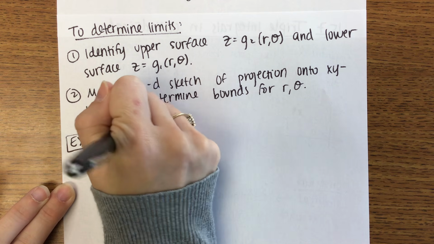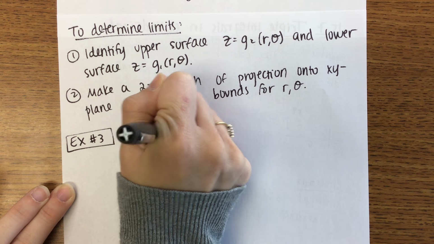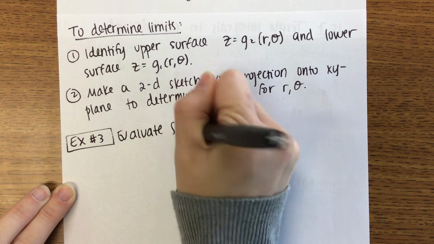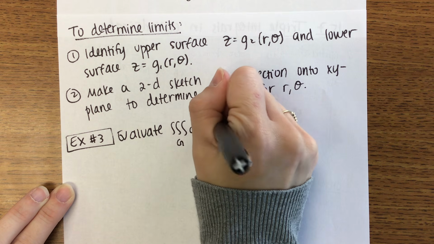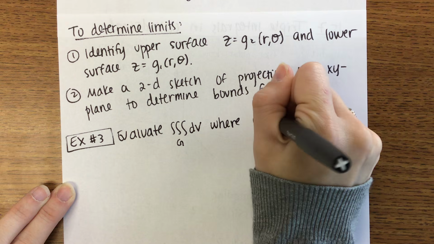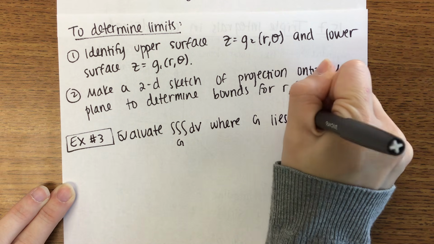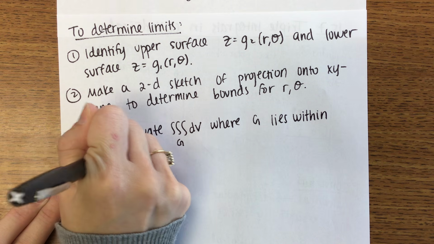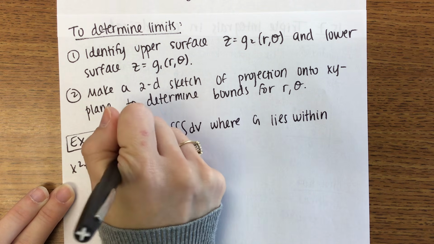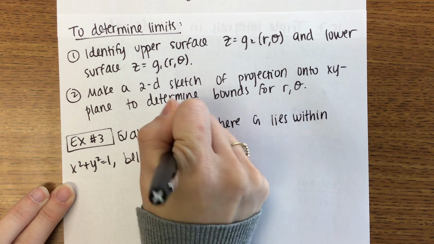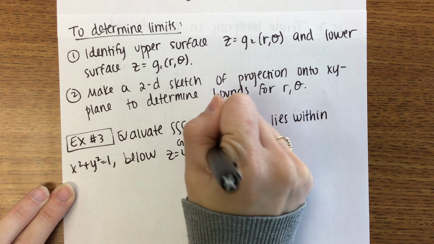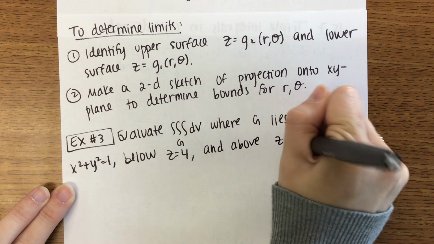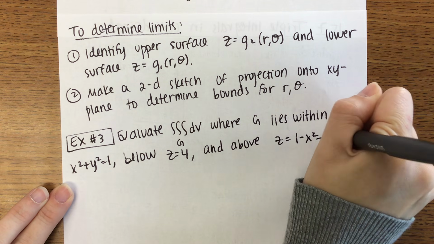So we are going to evaluate the triple integral over the solid G dV, where G lies within x squared plus y squared equals 1, below the surface z equals 4, and above z equals 1 minus x squared minus y squared.